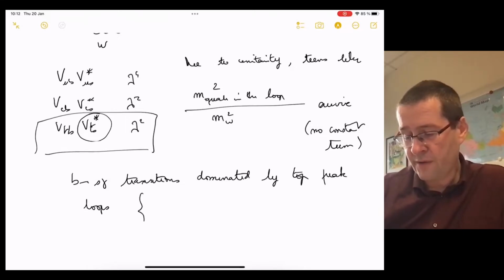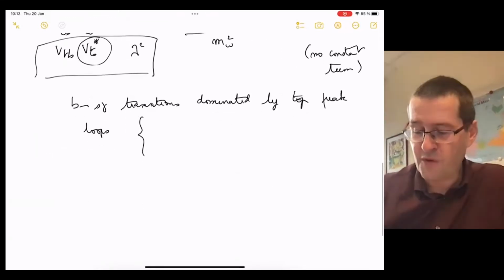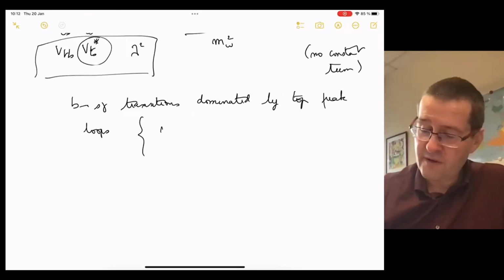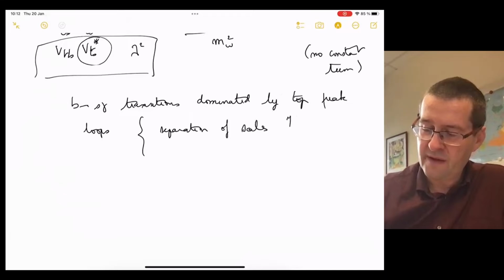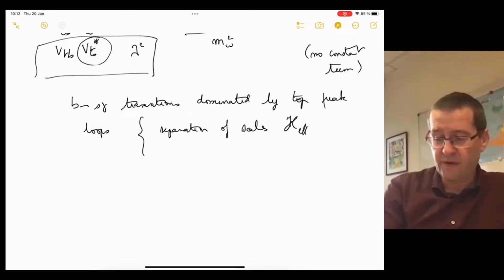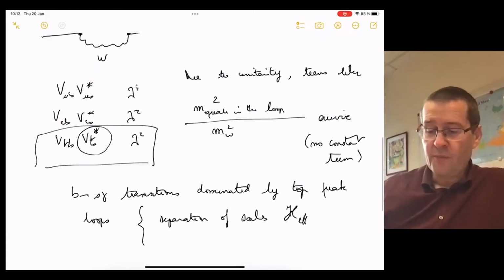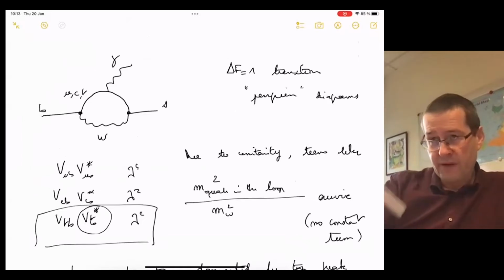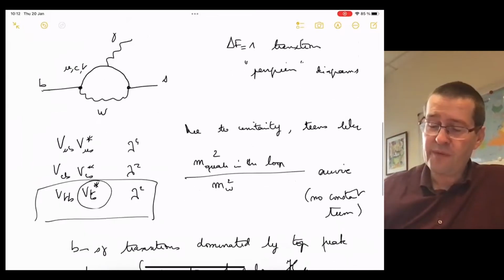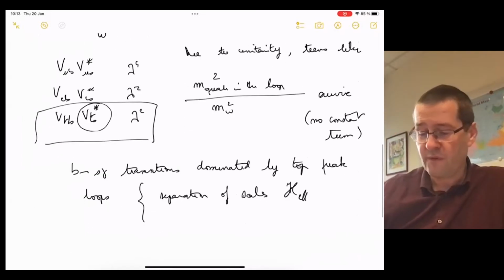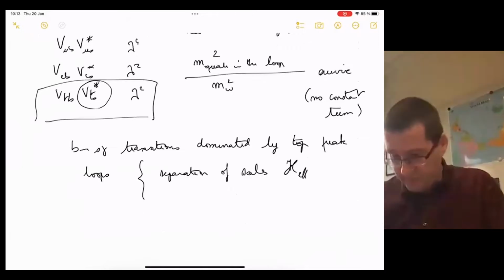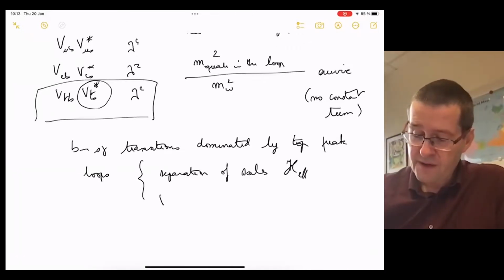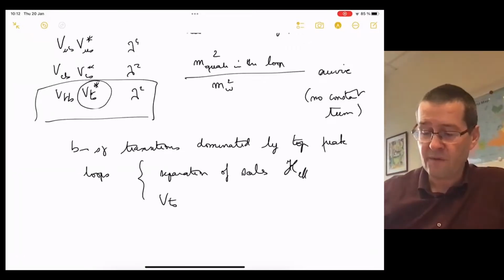And that's good because you can hope to use the separation of scales through the effective Hamiltonian that we already discussed. So you can hope to separate the part that is really inside the loop, which is a short distance contribution, from what's going on outside. The second thing is that this will be a constraint on VTS.